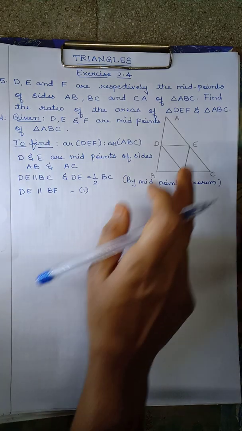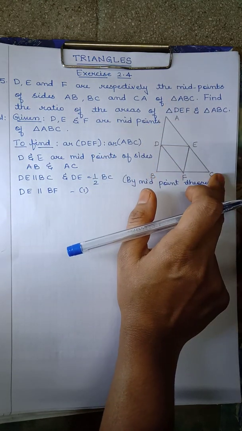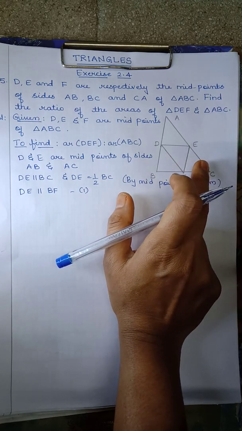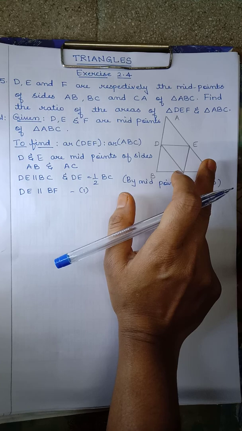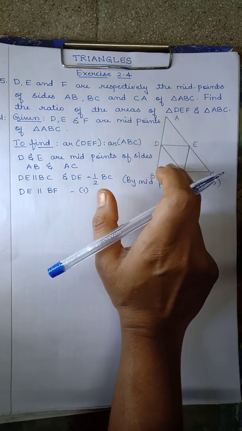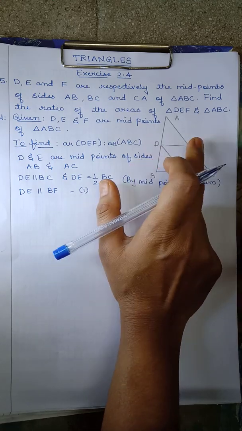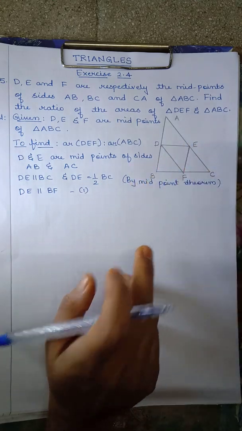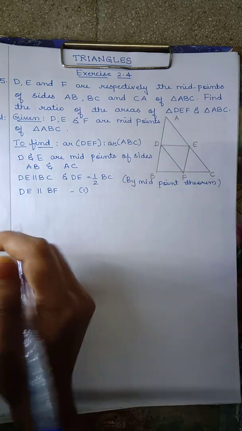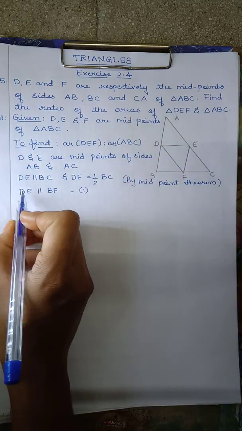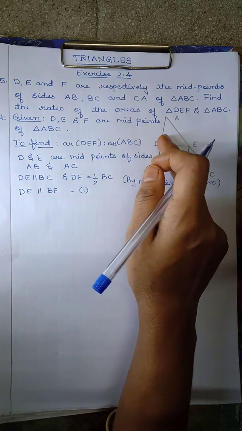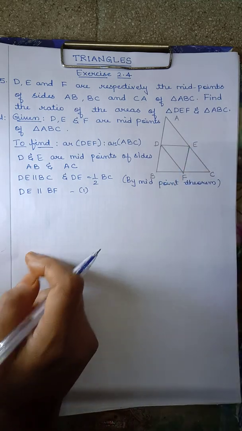To prove that triangle DEF is similar to triangle ABC, we need to prove any one criterion for similarity. We will prove it by AA similarity here. To prove AA similarity, that is two angles are equal, we first prove that DEFB is a parallelogram. Now DE is parallel to BF, and we can also prove DB is parallel to EF.